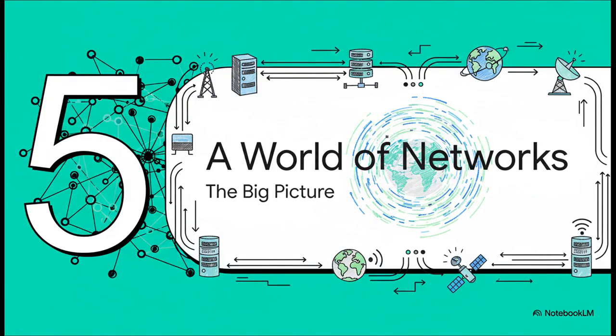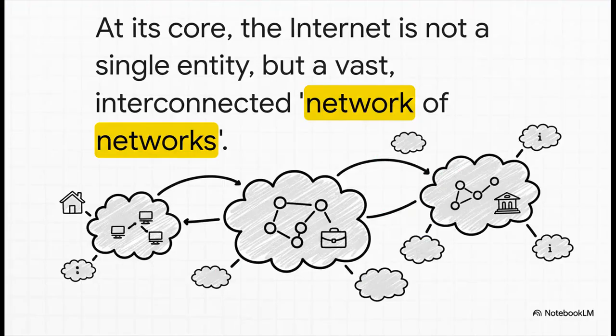So now that we've seen all the individual steps, let's zoom all the way out and look at the big picture. What is this incredible system we've been exploring, really? At its heart, the answer is so simple and beautiful. The internet isn't one single thing. It is a vast, interconnected network of networks, linking millions of smaller, private, public, academic, and government networks all together.